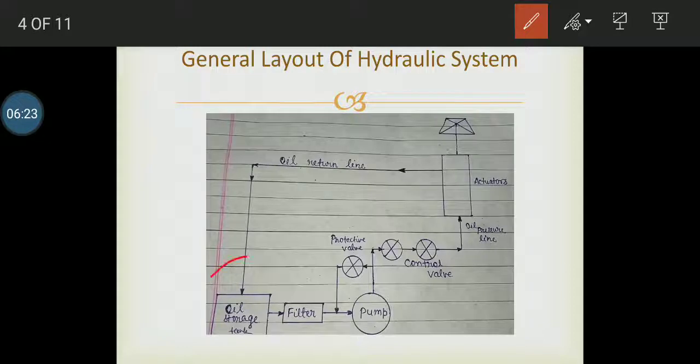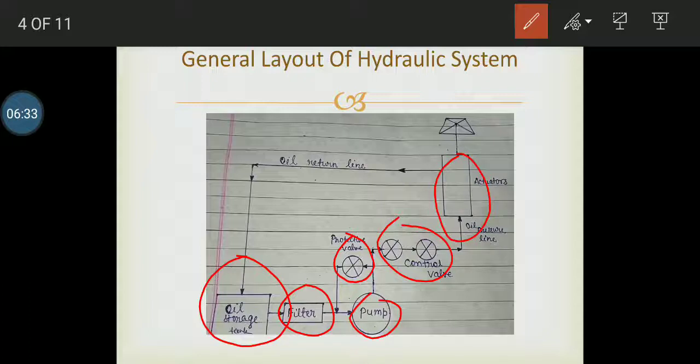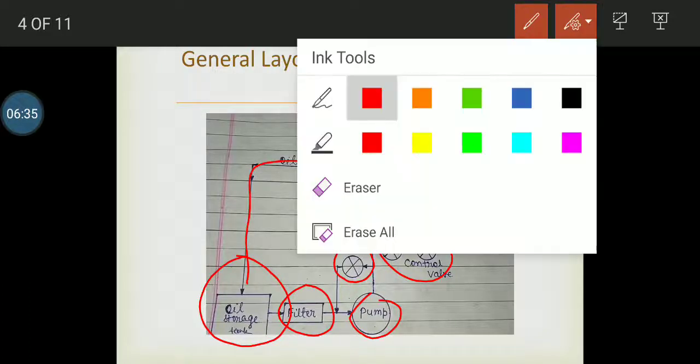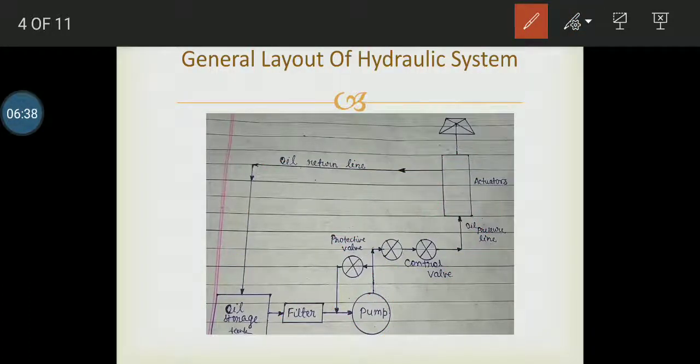Over here there is one storage tank followed by a filter, then a protective valve, pump, control valves, actuators, and a return oil line. I will explain one by one the complete details about the accessories or the attached parts.